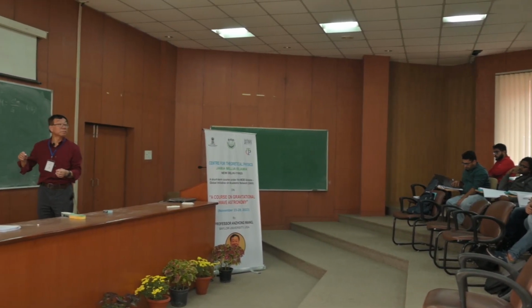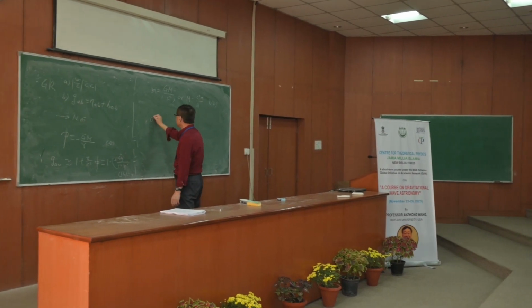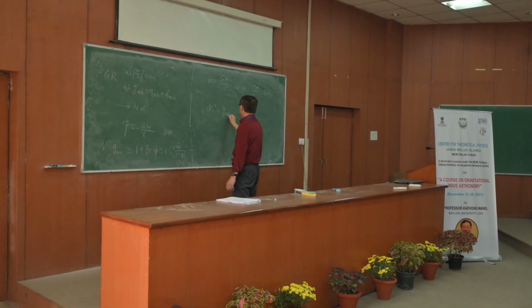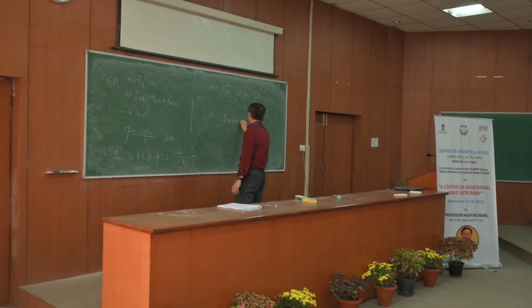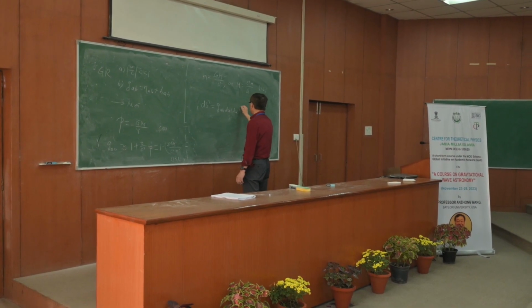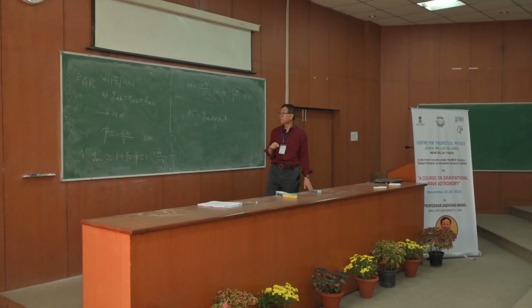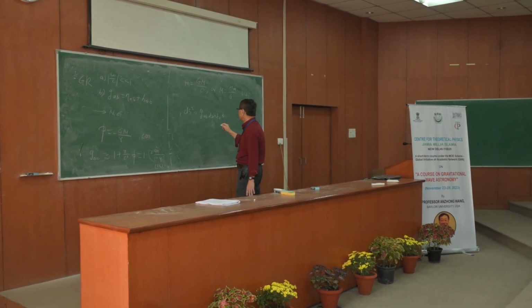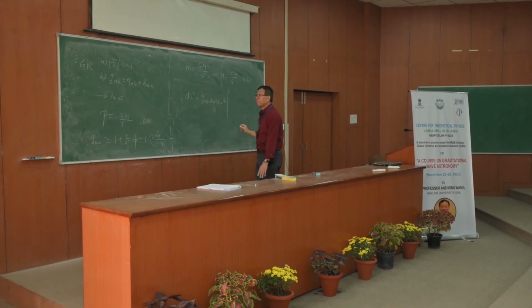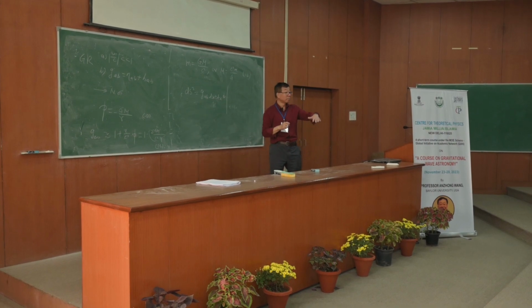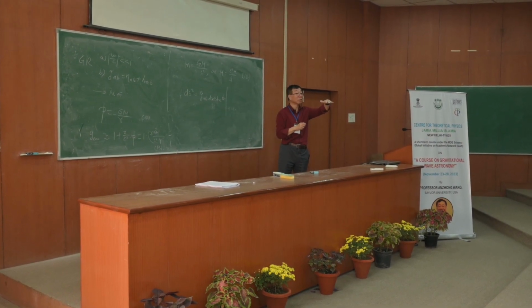Consider the 5-dimensional case, right? Let's say ds squared equals g_ab dx^a dx^b. Now if it's 5-dimensional, I slice my space first at t equals constant.